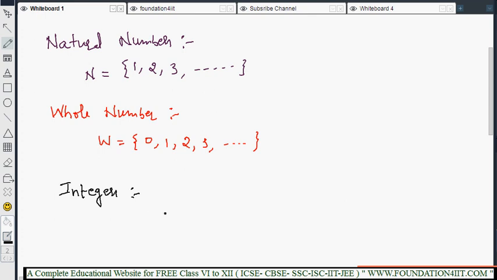We denote integers with Z. In some books you can see I also. So every whole number, that is 0, 1, 2, 3 and so on, and every negative natural number: 1 is a natural number, so -1, -2, -3 and so on, on the negative side. The value will decrease when you go to the left.